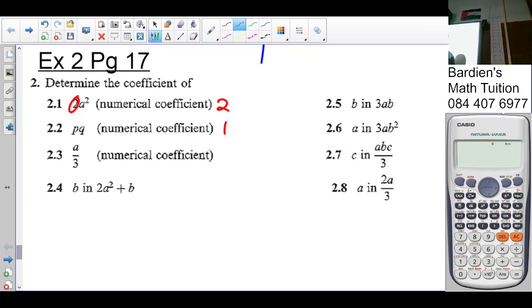Listen to me. I asked 3. You say 3. Why? So what's the coefficient here? Also 3. So how can that and that be the same? So it's not 3. Who says 1? What's the coefficient here? 1.